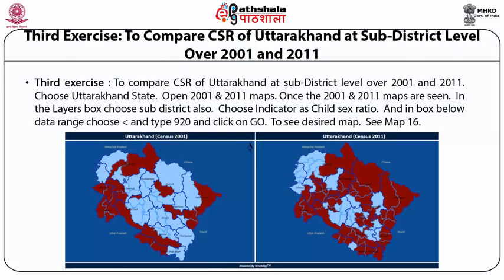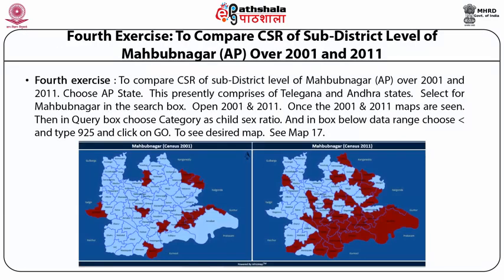In the third exercise, we are looking at Uttarakhand at sub-district level between 2001 and 2011. So choose Uttarakhand state on the censusgis.org website. Then simultaneously open 2001 and 2011 maps, choose sub-district and indicate child sex ratio, then the data range less than 920. Finally, the fourth exercise is looking at Mahbub Nagar.